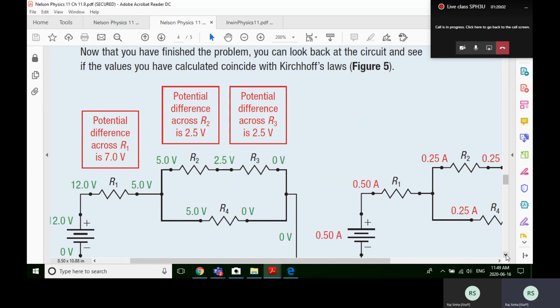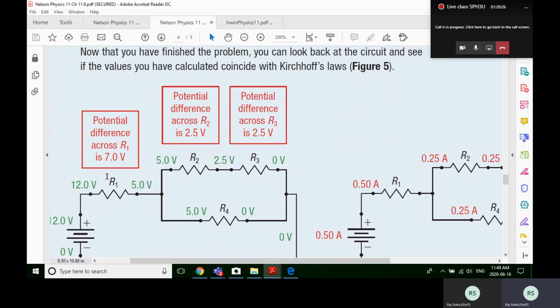But it's not difficult. It's a little tricky, but you just got to get your head around it. Again, I don't have much room on my one whiteboard here. If I had more room, I'd like to build my answers around the circuit like they've done here, right? I don't think I like showing that it starts with 12 and goes down to 5, and then the 5 goes down to 2.5, and the 2.5 goes down to 0. I think that's a bit redundant.